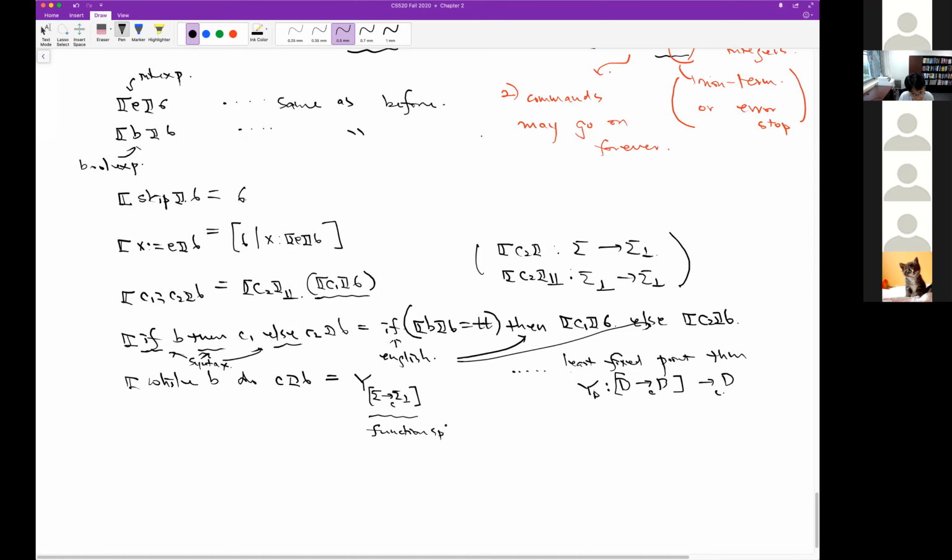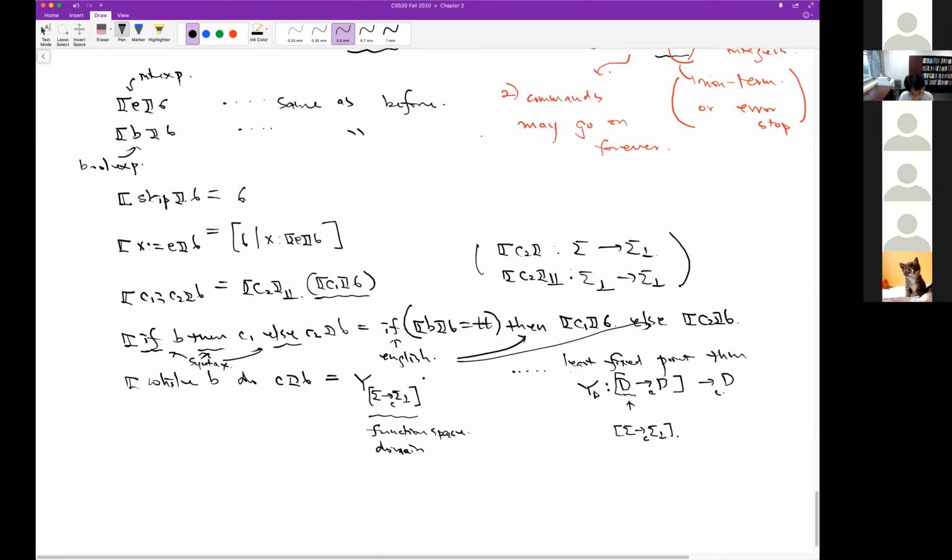This function space is also a pre-domain. But furthermore, because the target contains bottom, it's going to be a domain. And so we can apply this Y operator, plugging in this function space, sigma to sigma bottom, instead of D.